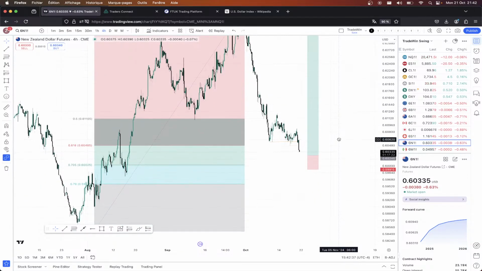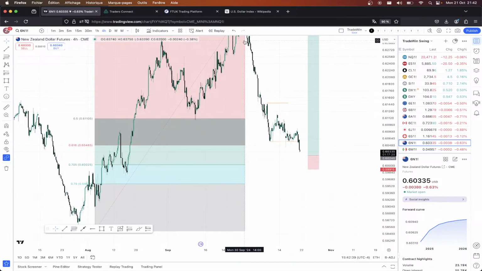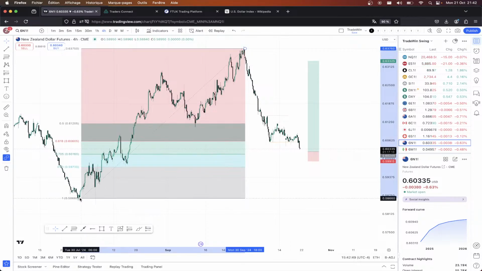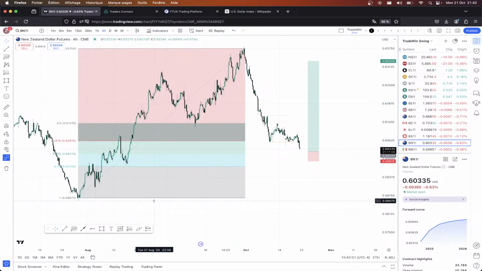Okay, we went back, we went down, again entering the zone, just to show you how I designed this. So I said I'm not taking the wicks. This is the exact range. High, perfect. Let's go back into the zone.